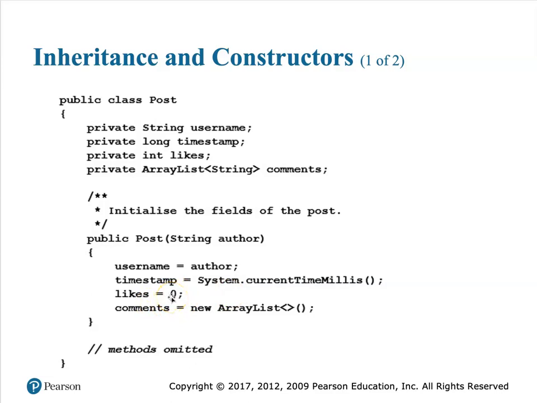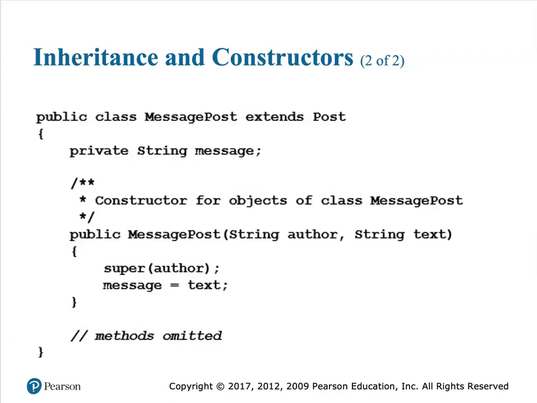When a post has just been created, it has 0 likes, and we have an empty ArrayList of comments ready to be added to. But when it's time for a MessagePost to be created, a MessagePost requires Post to be initialized because a MessagePost is also a Post.